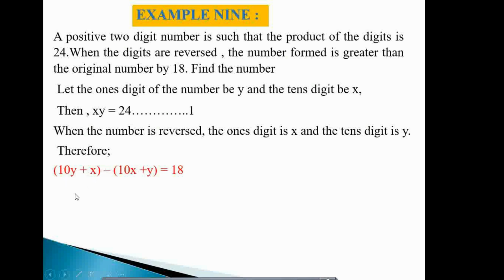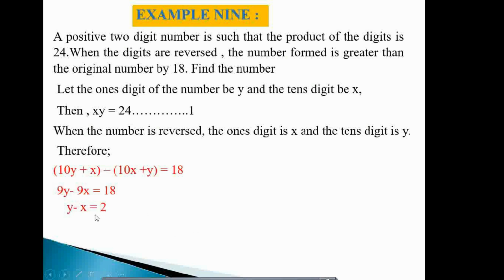Now when it is reversed, it becomes 10x plus y. If we put them in brackets and subtract, you will find that the final number exceeds the original one by 18, and thus gives us our equation 2. If we simplify this, we have y minus x is equal to 2.